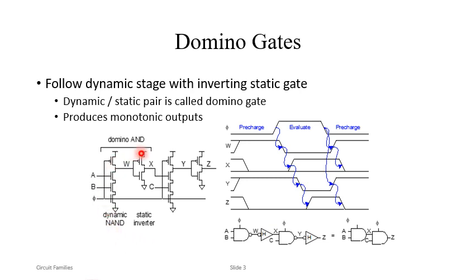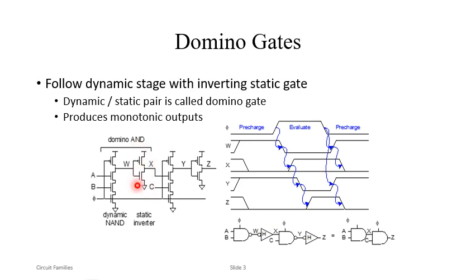In the domino AND gate we have the inverter and the dynamic NAND. An inverter is nothing but a NOT gate in CMOS implementation. In the NOT gate CMOS implementation, we have one PMOS and one NMOS in the circuit, which makes one NOT gate or inverter.